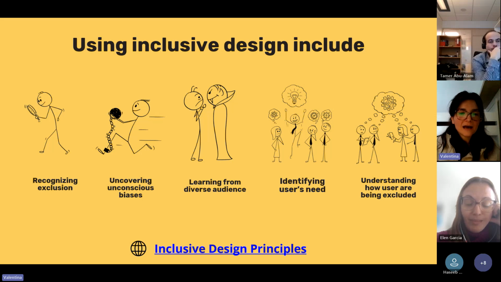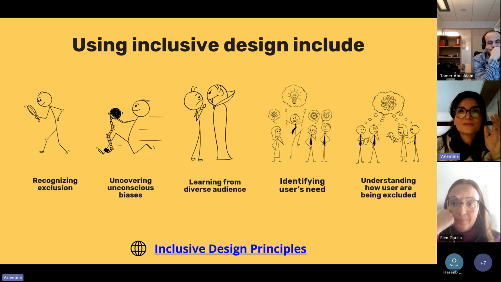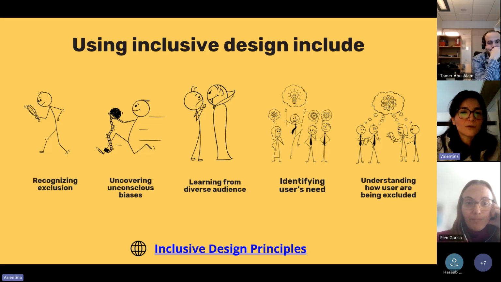Then the other thing is very important, I think, and really hard to do. It's uncovering or discovering unconscious biases. I mean what we call stereotypes, or false beliefs. It's everything we think is the truth, but actually it's not like that.